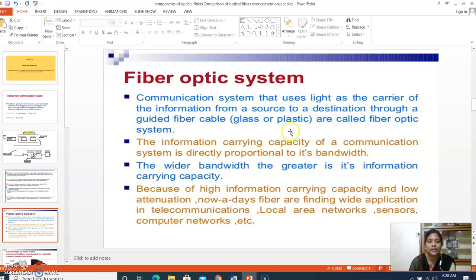So it has more information carrying capacity in the communication system, that is, it has more bandwidth. Information carrying capacity is directly proportional to the bandwidth. So the wider the bandwidth, the greater the information. Because of high information carrying capacity, the attenuation will be less. Nowadays, fibers are finding wide application in telecommunication, local area networks, sensors, computer networks, etc.